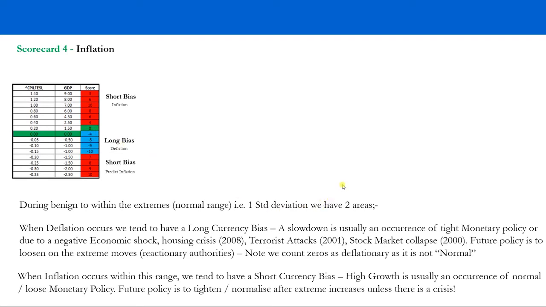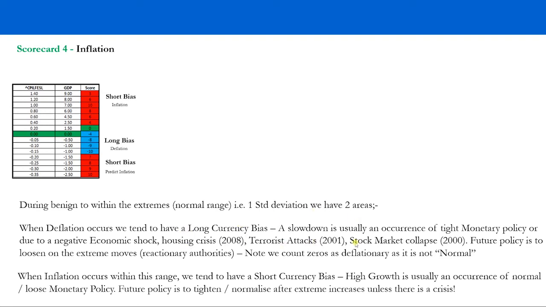Now, slowdowns throughout history are usually occurrences of tighter monetary policy that overshoots, or due to a negative economic shock. So like the housing crisis we looked at earlier in 2008, and also in recent history, the terrorist attacks in 2001 and the stock market collapse in 2000.